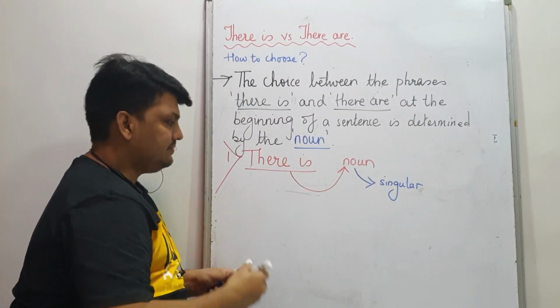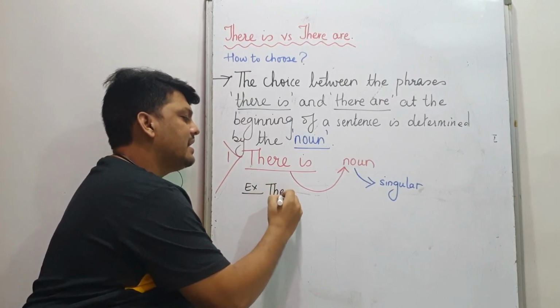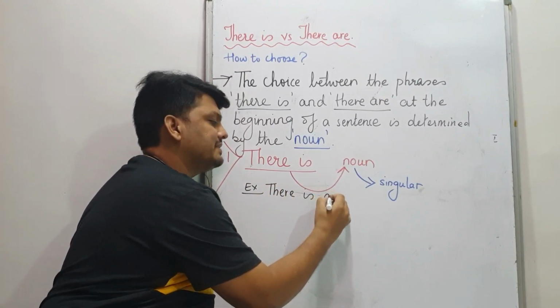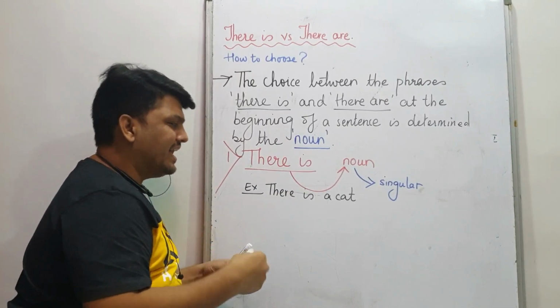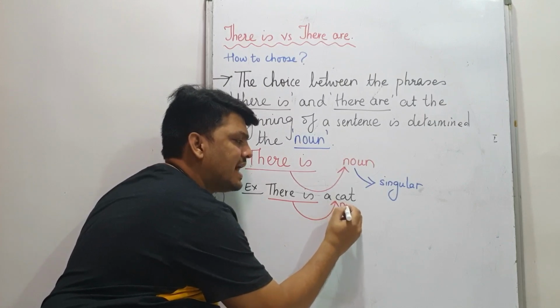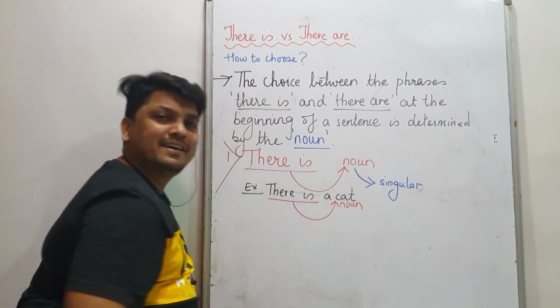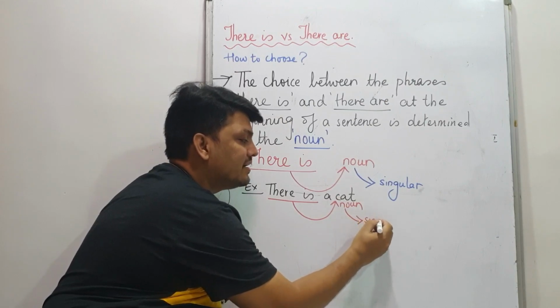Example: there is a cat. I have started with the phrase there is, and the noun here is singular.